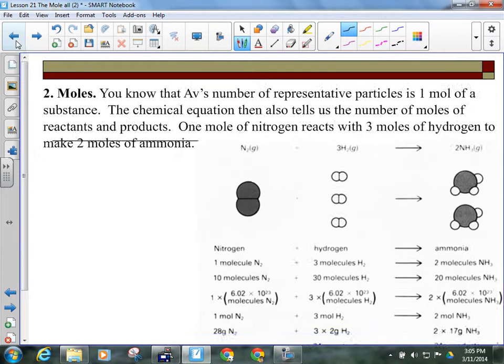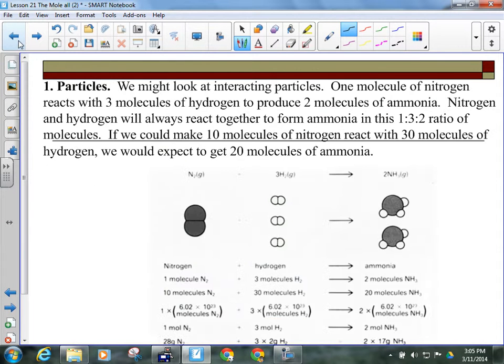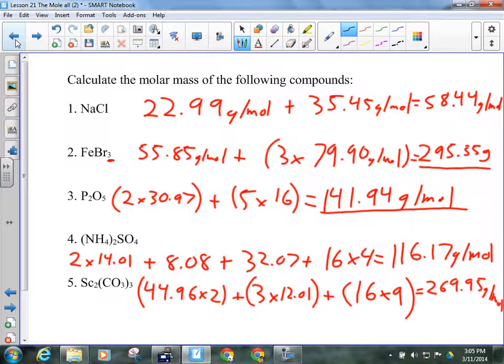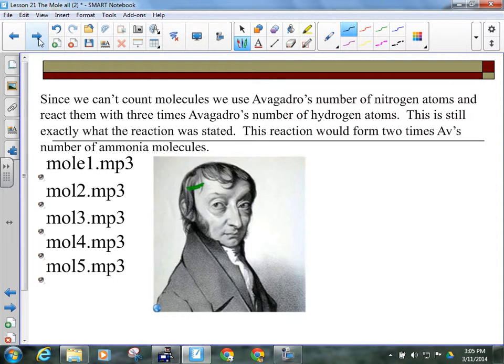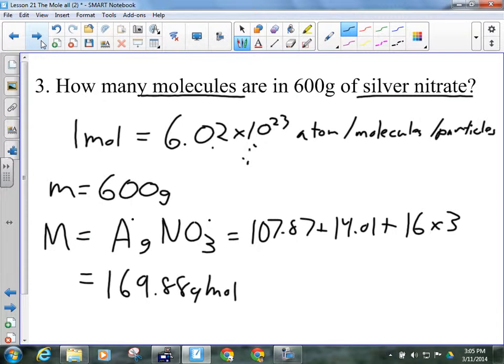When we were doing that molar mass thing, somewhere along the way I said 16 times 4 was 48 when I did this one, didn't I? That number's not right. I screwed that one up. We'll go back to this though so we don't forget. So this is our correct number, 169.88 grams per mole.